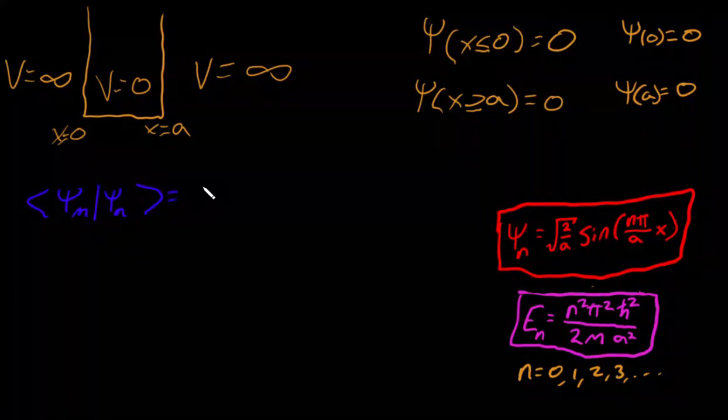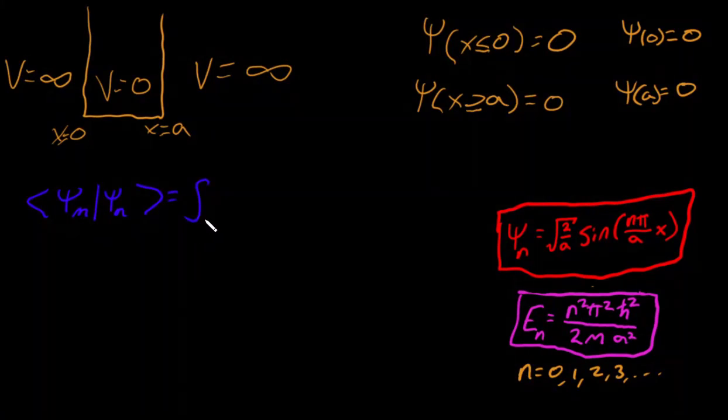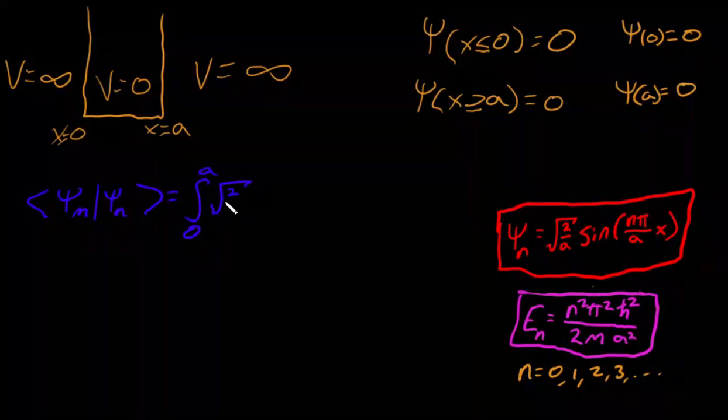So this inner product is the integral over all possible values of x, so that's between 0 and a, of psi m star, but they're all real, so this is root 2 over a, and we don't need to take a complex conjugate.